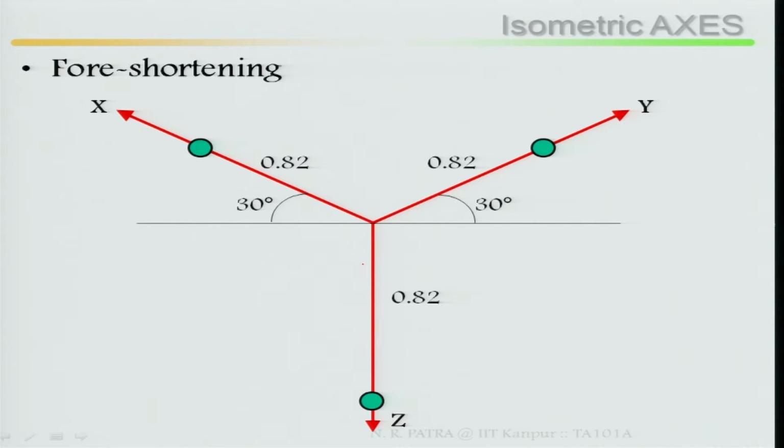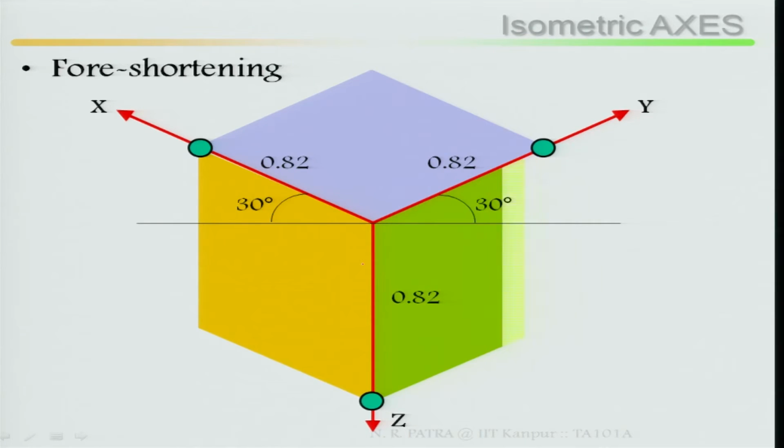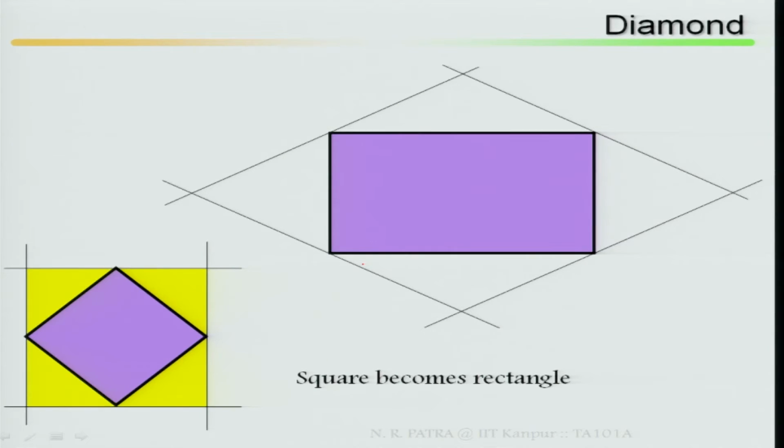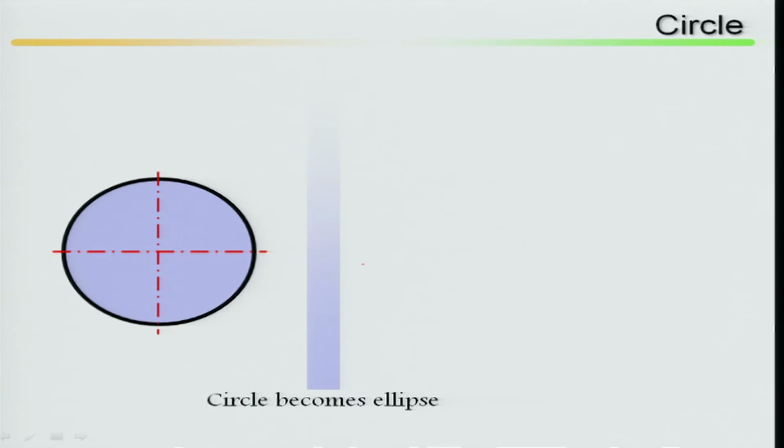So, you take these dimensions from the isometric scale and mark them, so that you can finish your isometric box. That means you are foreshortening in the x, y and z directions. For example, a square in a diamond shape becomes a rectangle in isometric, and a circle becomes an ellipse, as I said earlier.